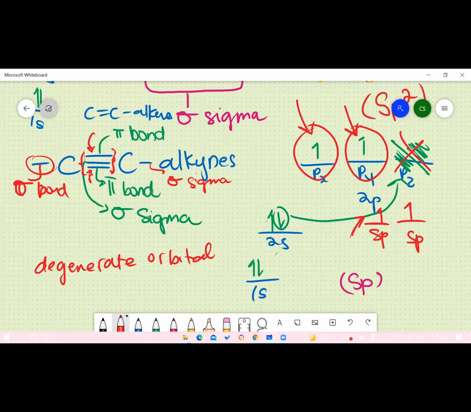It could be another carbon as well, as long as it's not a triple bond. Was that clear? That is clear. Yes, it was. All right, great. So that's how hybridization occurs.